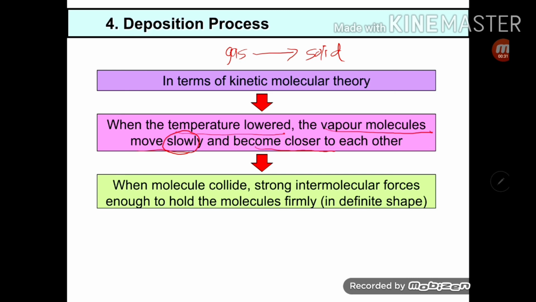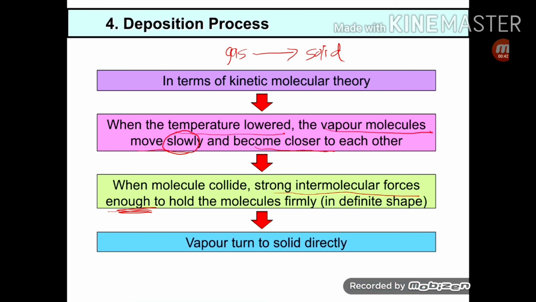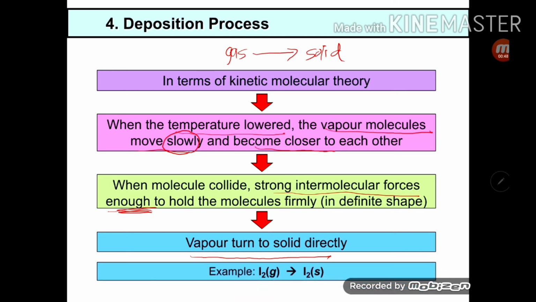When the molecules collide, the strong intermolecular force is enough to hold the molecules firmly in a definite shape. Thus, vapor turns to solid directly. For example, iodine gas changes to iodine solid.